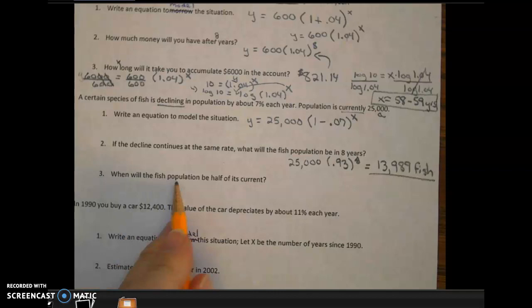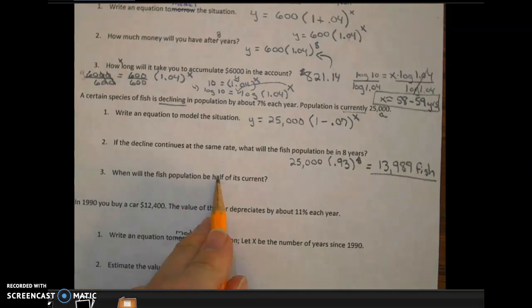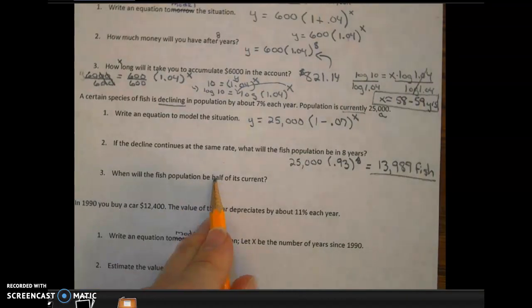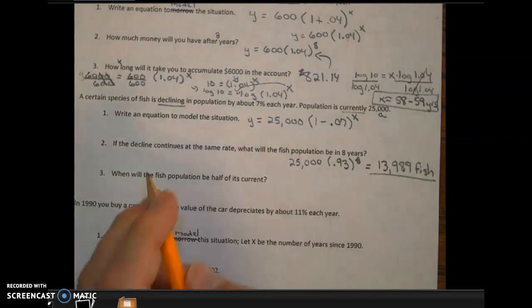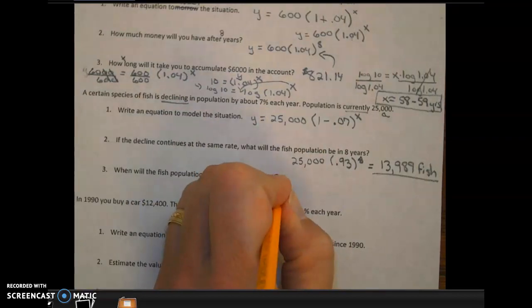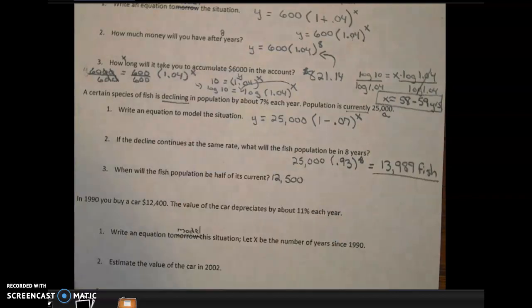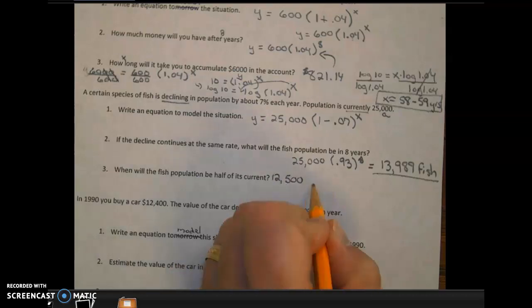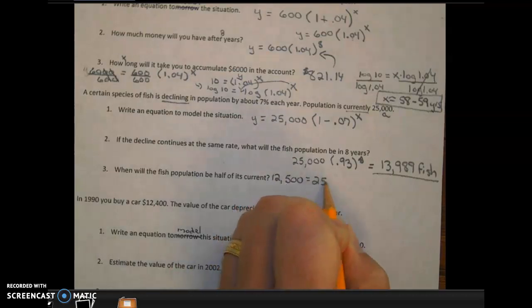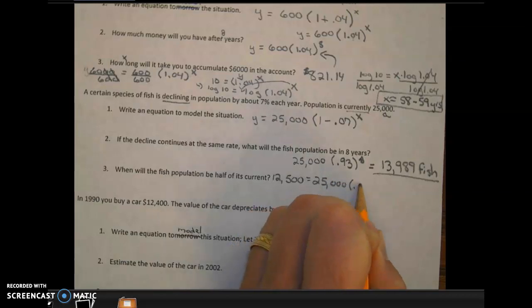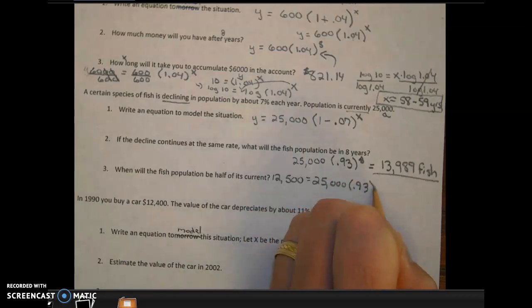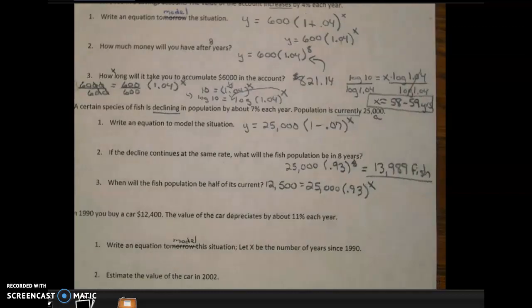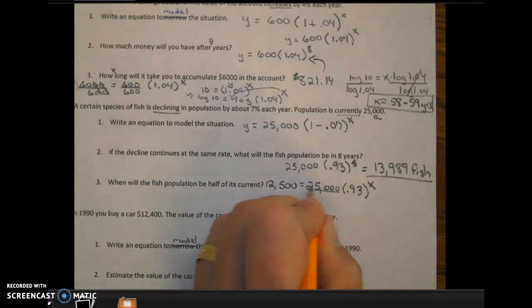When will the fish population be cut in half? Well, we started off with 25,000. So half of 25,000 is going to be 12,500. That would be half. So when will we get to this amount? So we're solving for time. So we would do this problem just like we did the one up above. We're going to divide both sides by 25,000.